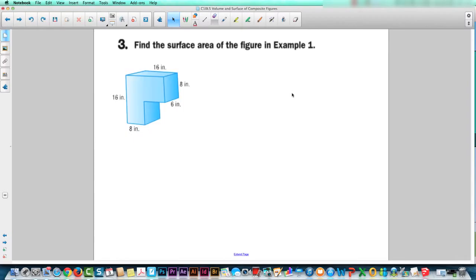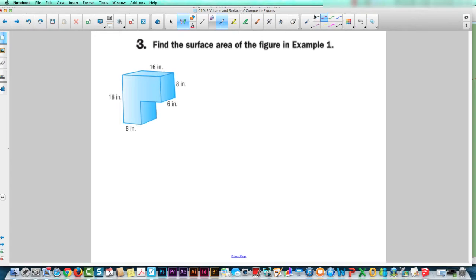What I'm going to try to do is brainstorm, because you can do this problem in lots of different ways. Right now I see that I have this face over here and it looks sort of like an upside down L. Let me just outline it to make it easier to see. So that's what I'm looking for, and I'm going to draw that over here and draw a rough sketch.